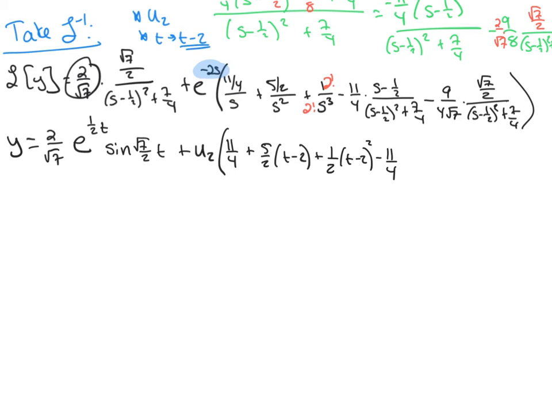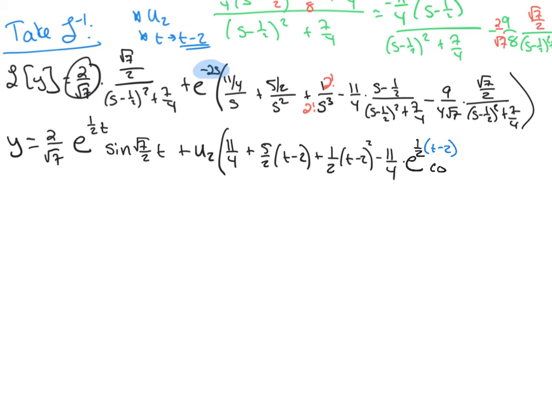11/4. Oh boy, now here's the brutal ones. It's in a second shifting theorem portion, and it also has a first shifting theorem. So I want to put e for the first shifting theorem to the 1/2 t, but since I'm inside the second shifting theorem, I have to put t minus 2, times, what color do I have?